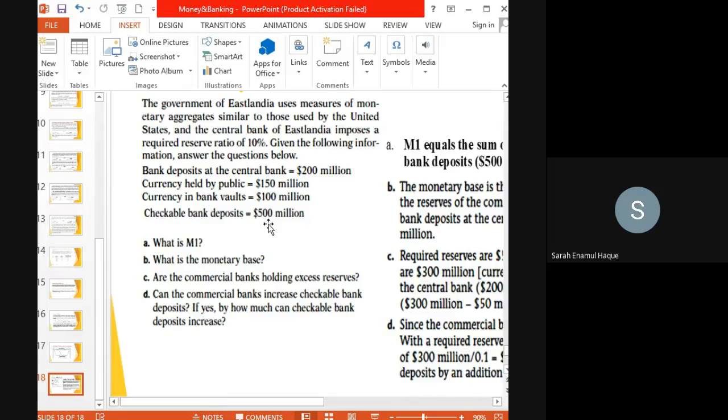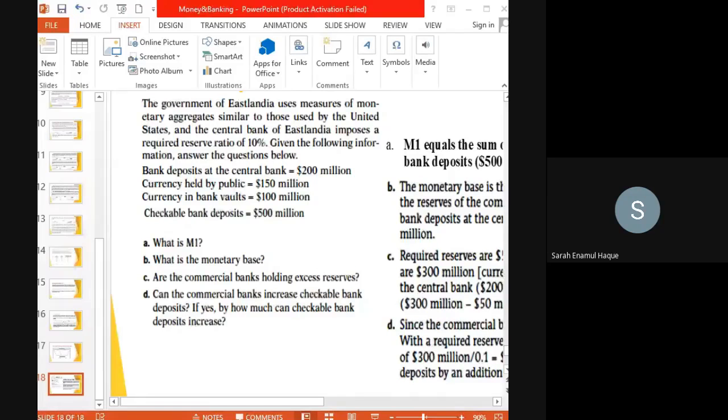We can see that 500 million is the money, and you know the CRR is 10%. So 10% of 500 is 50 million. So 50 million should have been the required reserve. But how much reserve does it have in total? 300, right? So if we just deduct from 350, we get 250.